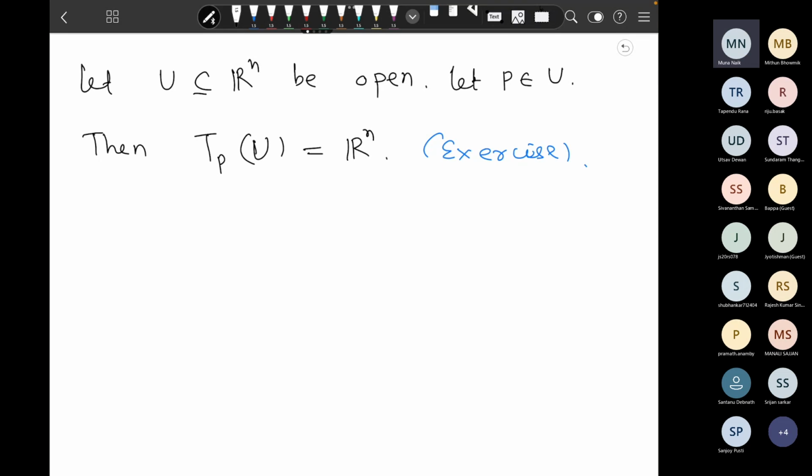Now, before that, let us see. Let C infinity(p) be the set of all real valued functions.